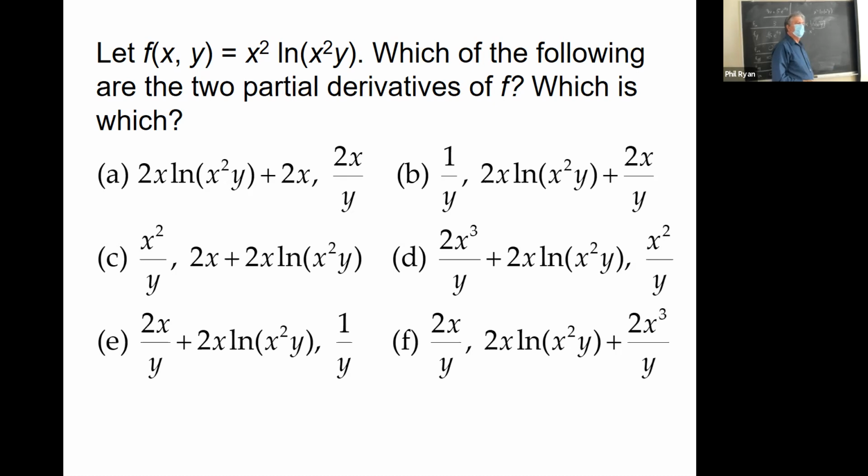So what's the derivative of ln? 1 over. Now we're going to take the derivative of this with respect to x. What's that? 2xy. Right? And so what do we get? These cancel, these cancel. We're left with this one. We're left with C.